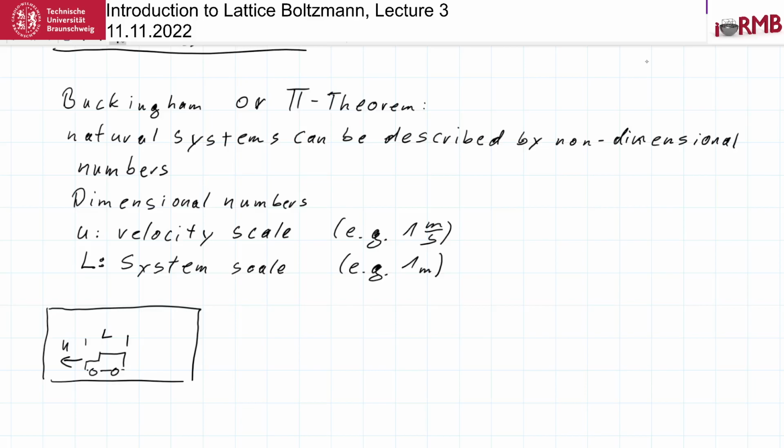Okay, now this describes our system with units, and now we want to describe the system without units. Then there are two dimensionless numbers that we have to take into account. So now the dimensionless numbers.